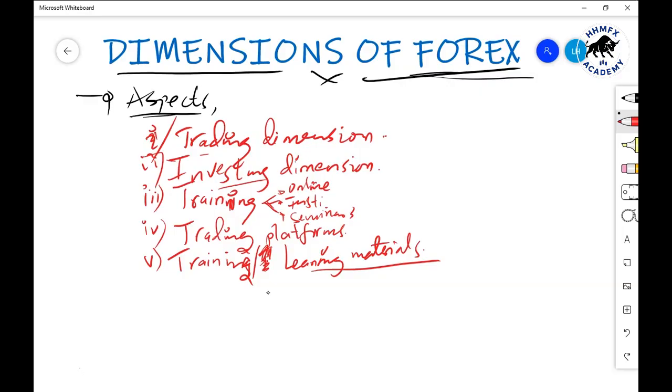If you need Fibonacci, you will find that a person has a collection of materials from different authors talking about Fibonacci tools. So that person has invested in the Forex industry, but is not trading, not investing, not training. Basically he's concerned with selling. It's not provided for free, it's mainly selling those training or learning materials.